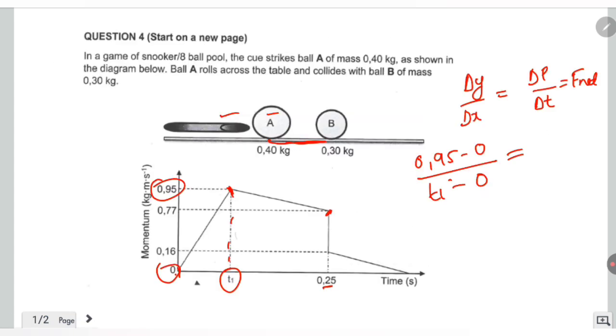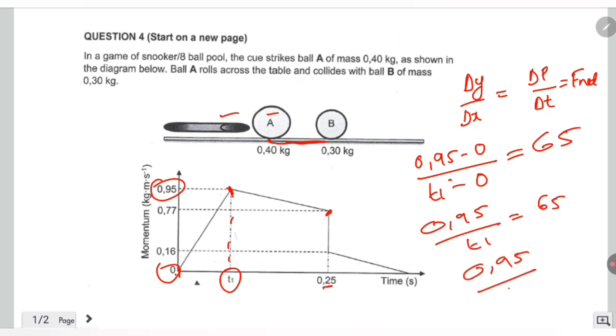So 0,95 over T1 is equal to 65. So what is T1? 0,95 over 65 is equal to T1. When you calculate, the answer is 0,0146, which is 0,015 seconds.